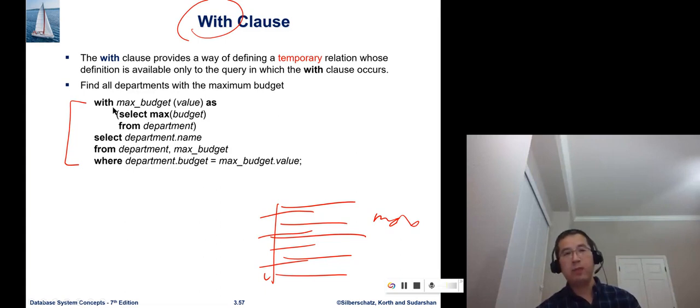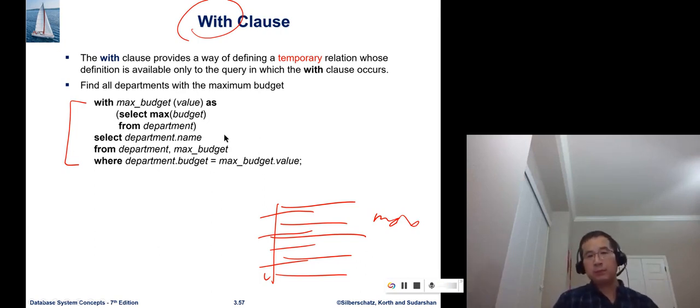With means we assign a new table name to it. That will be called max budget and then value. Of course, we know there's only one value, and this table's name is max budget. Its attribute is called value. So later we can just refer to this max budget and the value. Okay, so this is the idea.